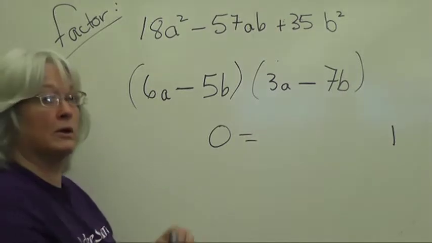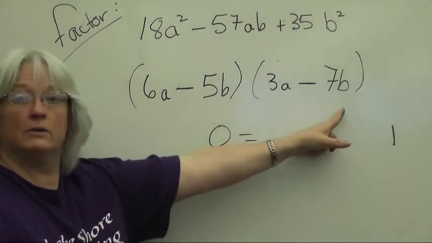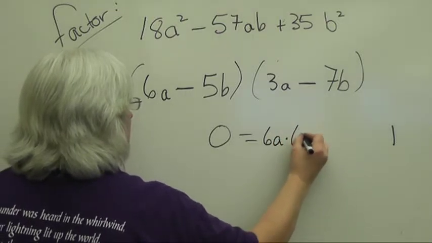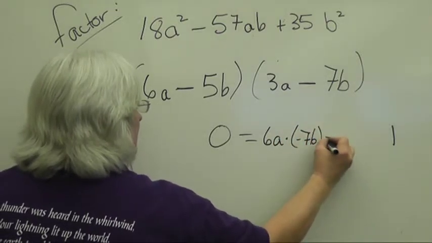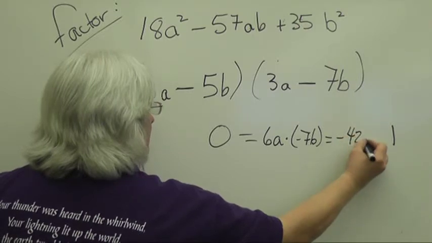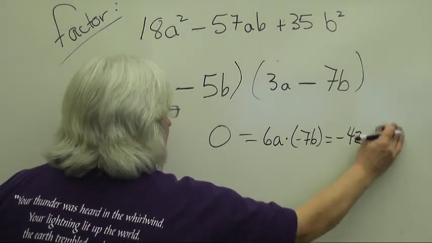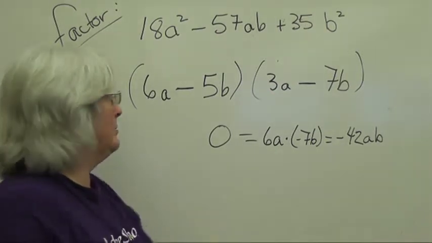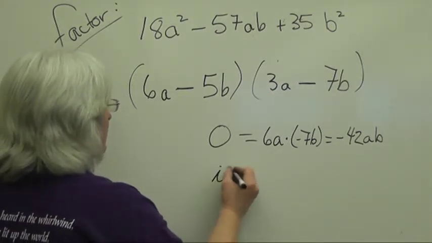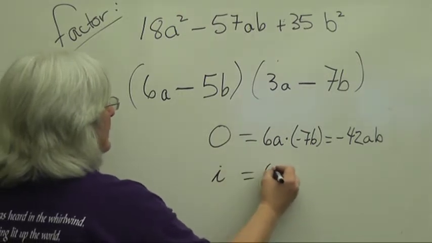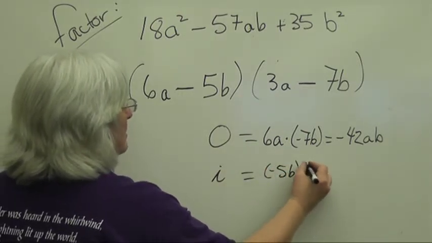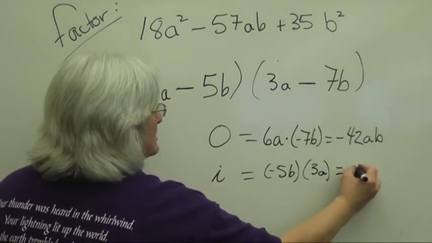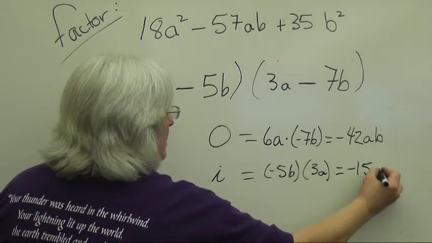What's our outer product? 6a times a negative 7b is a negative 42ab. Does that show up? Yes. Negative 42ab. What's our inner product? It's a negative 5b times a positive 3a, which is a negative 15ab.